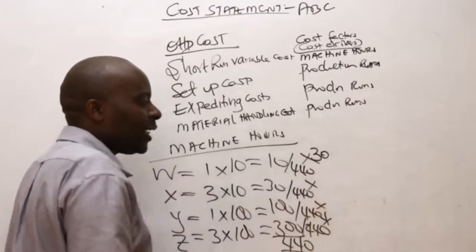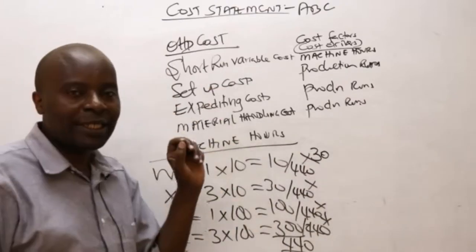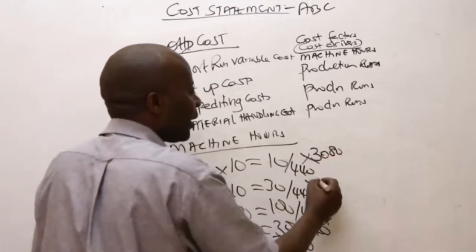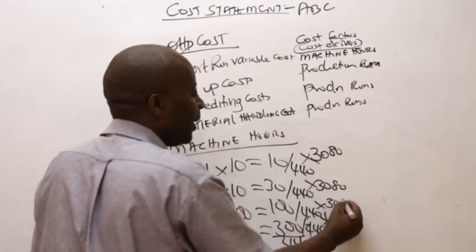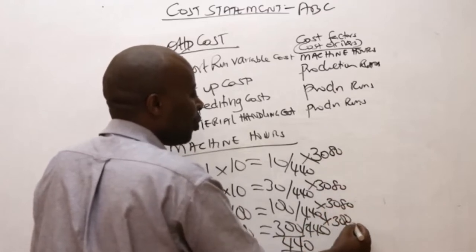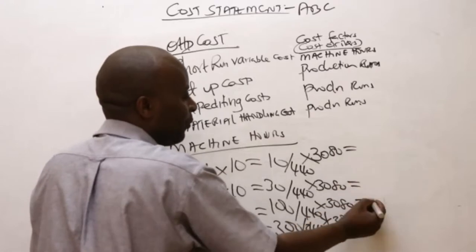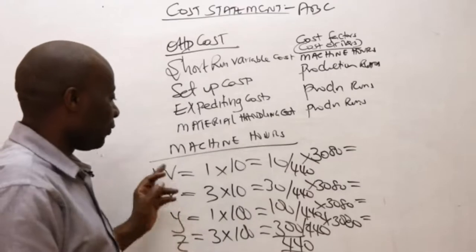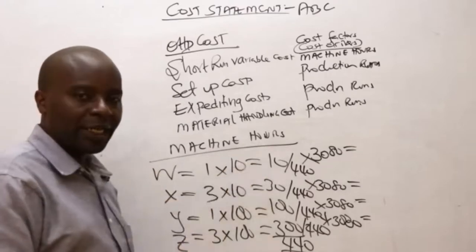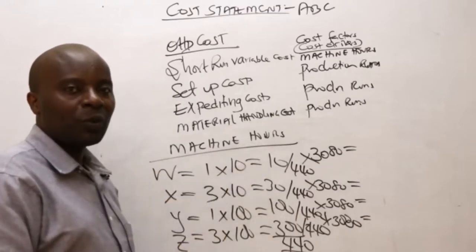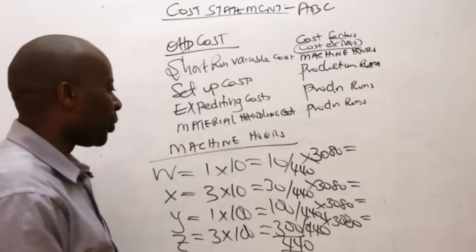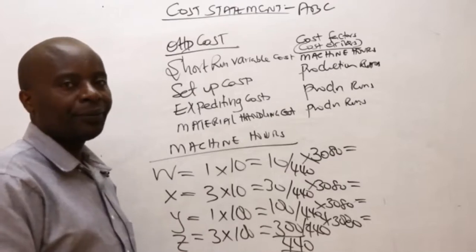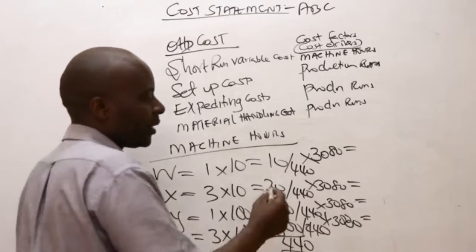Are you sure it's 3080 for only short run variable costs? Okay. 3080, yeah? So could you kindly give us a figure here for the first product, which is W? When you do the apportionment, what figure are we going to get? 70. 70, yeah?